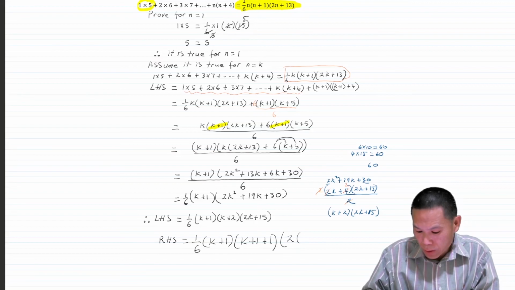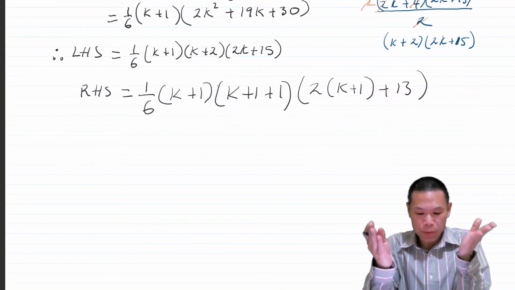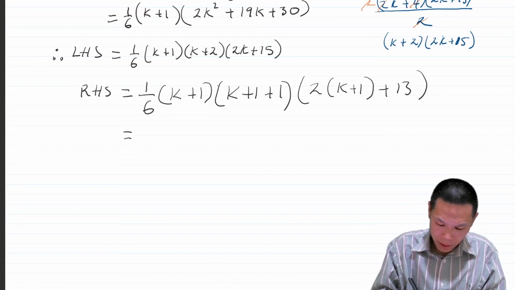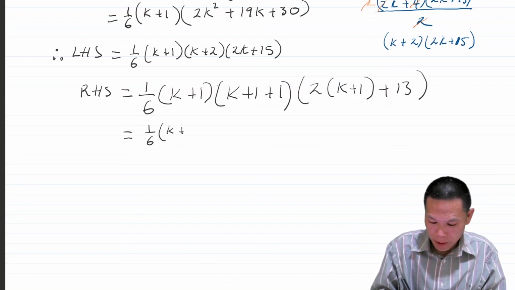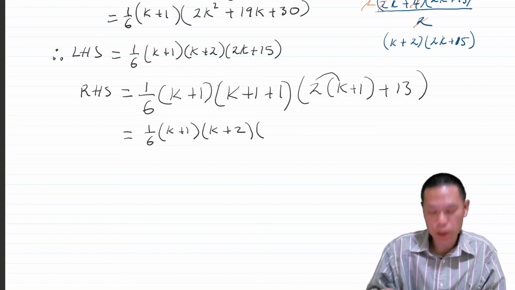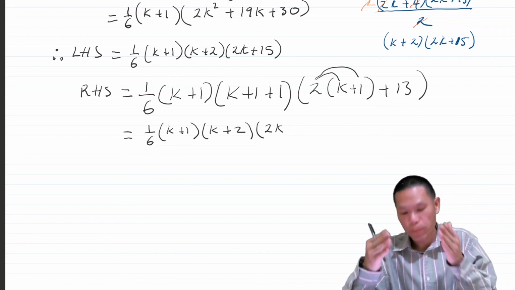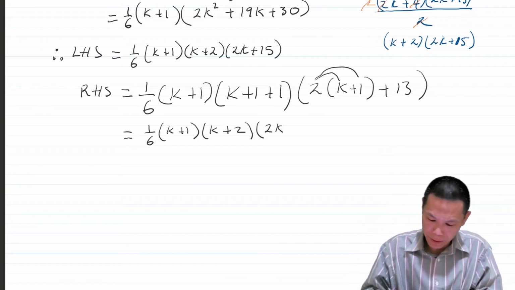And 2 times k plus 1 add 13. So now what I do is just simplify further. That gives me 1 over 6 k plus 1, k plus 2, and then I times this out, give me 2k, and then 2 times 1 is 2, at 13 is 15.